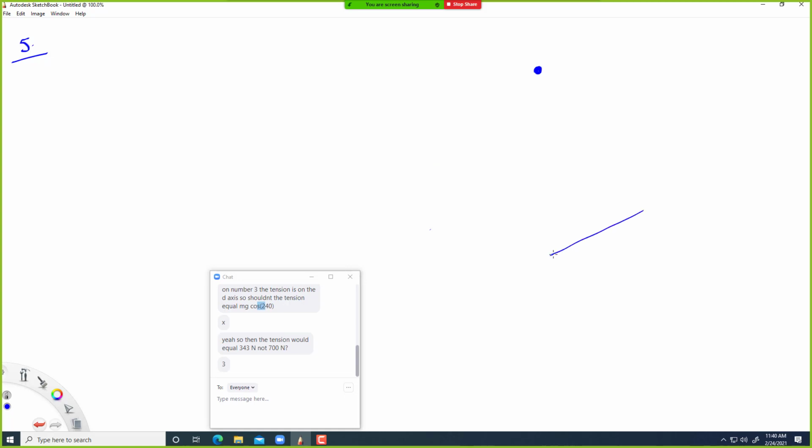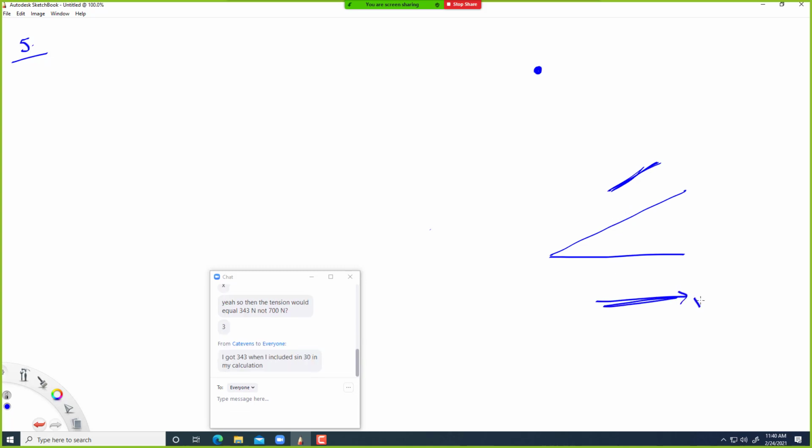So, in this problem, we are considering this surface to be the x-axis. We are not considering this flat surface to be the x-axis. Whenever we do this kind of problem, that's why we consider the surface to be the x-axis.